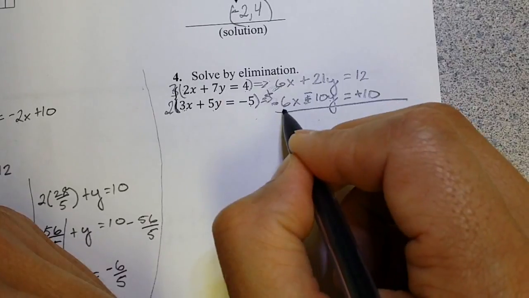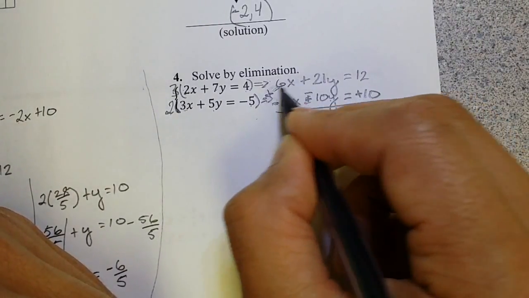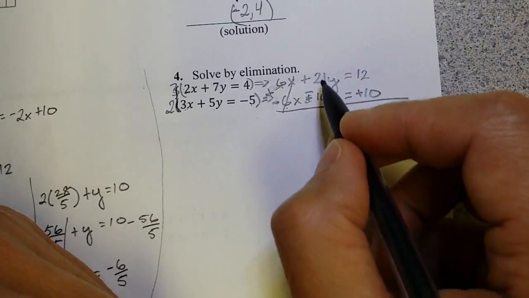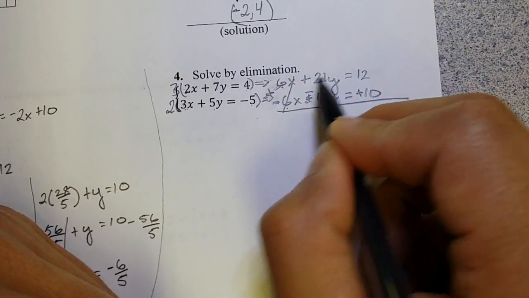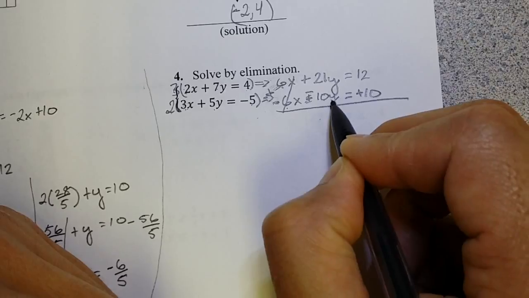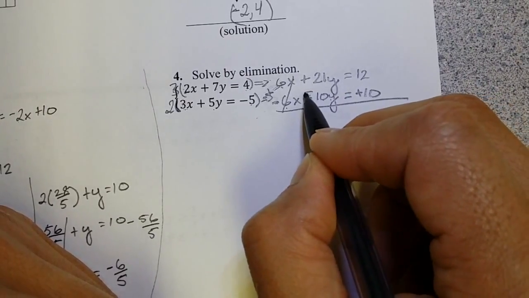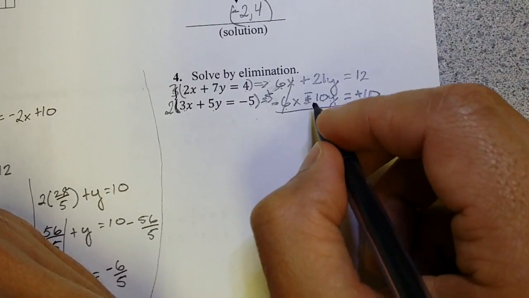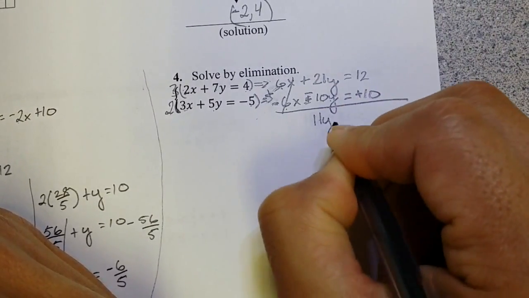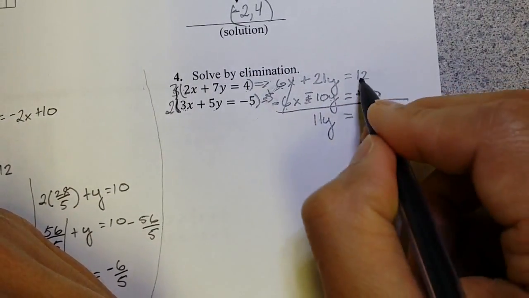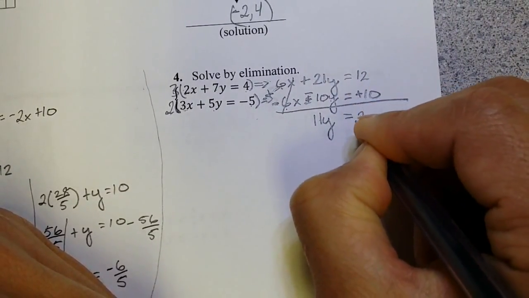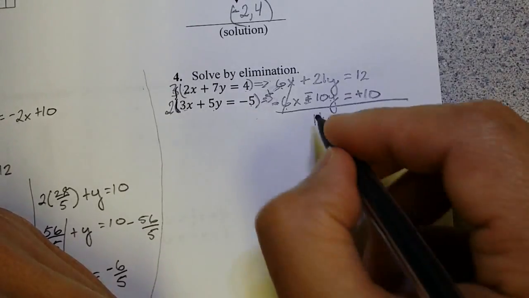Negative 6x plus 6x cancels out. 21y plus negative 10y should give you 11y. 12 plus 10 gives you 22.